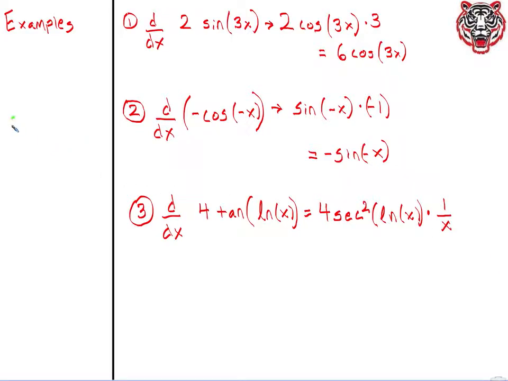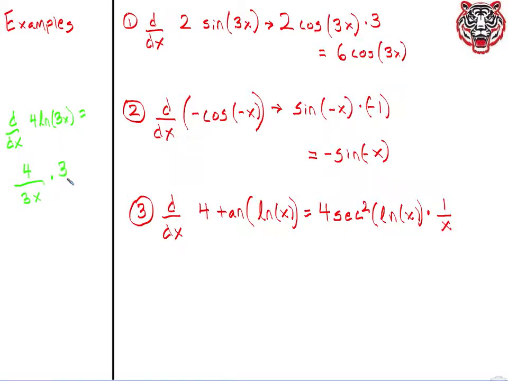So this is a review. d/dx of 4 natural log of 3x is equal to 4 divided by whatever was in the parentheses, 3x, times the derivative of the inner. What's the derivative of the inner? 3.